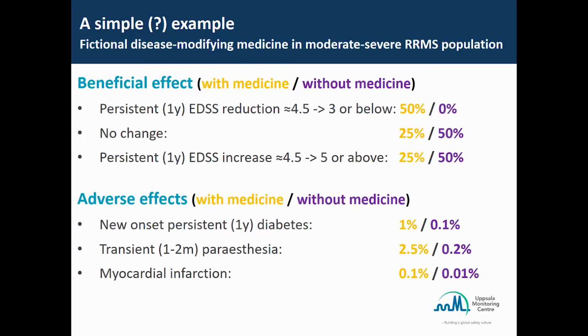So what I've sketched here is a fictional example, it's all made up, of a medicine used to manage moderate to severe relapsing remitting multiple sclerosis, or RRMS.